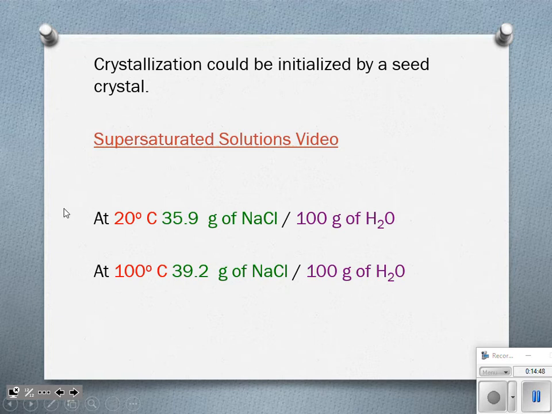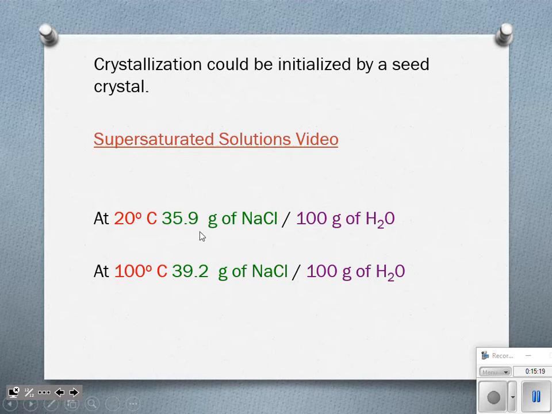So, if you look at this for sodium chloride, at 100 degrees Celsius, I can dissolve 39.2 grams in 100 grams of water. So let's say I dissolve that 39.2 grams in there. Then I let it cool down to 20 degrees Celsius. Well, at 20 degrees Celsius, I should only be able to have 35.9 grams in there.